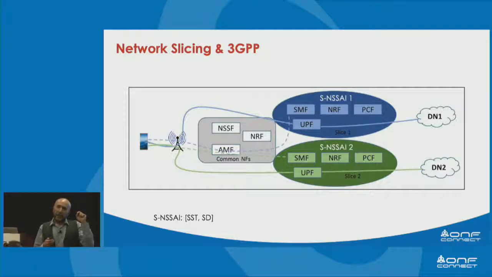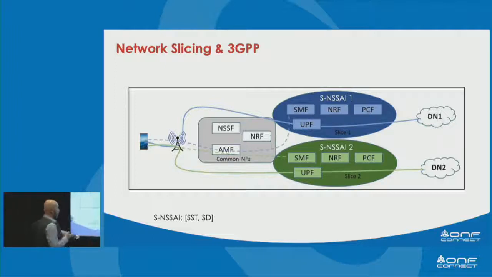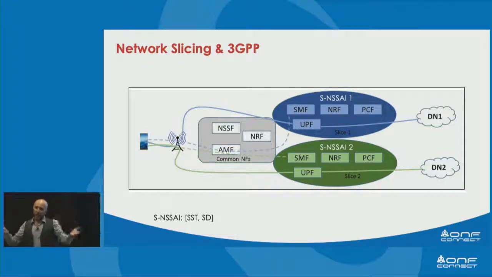And for example, an ID of SST 1 corresponds to broadband, and SST 2 corresponds to low latency, and 3 corresponds to massive IoT. But an operator can have multiple slices for each of these use cases. So that is defined by the slice differentiator.